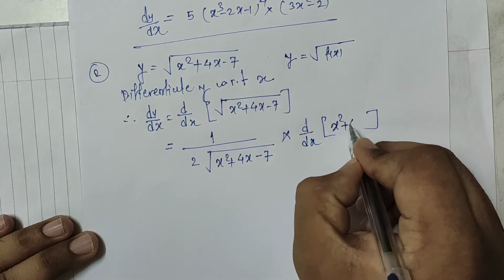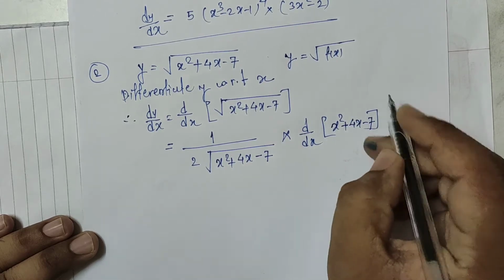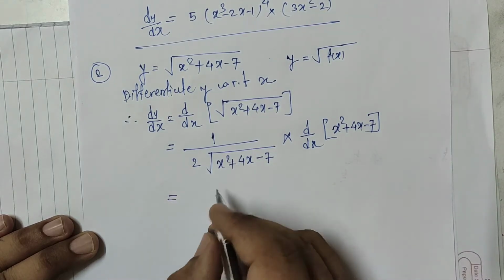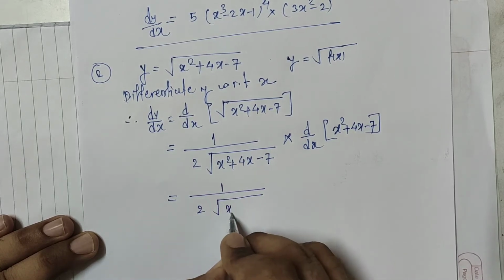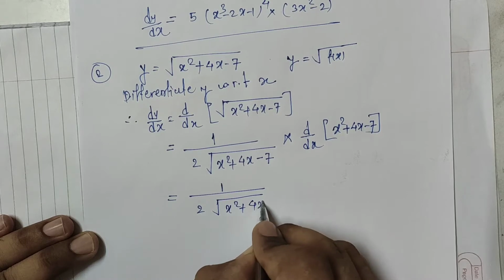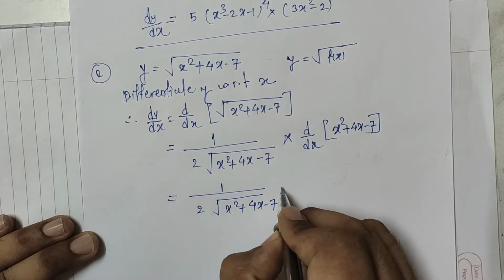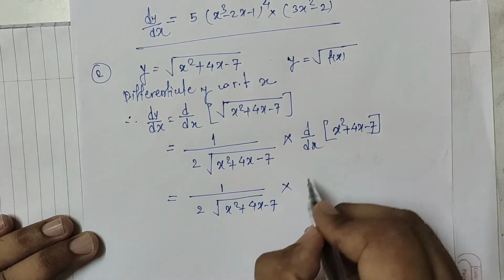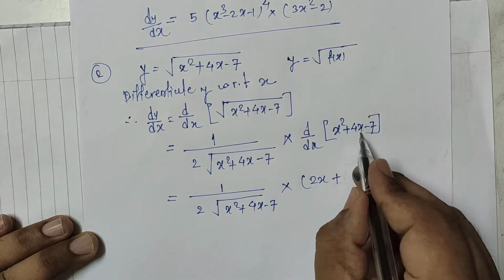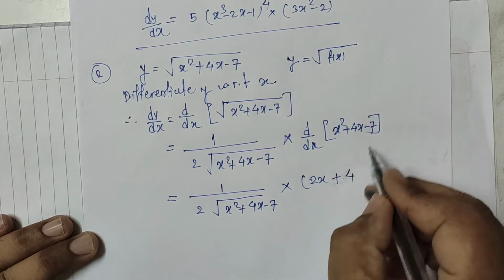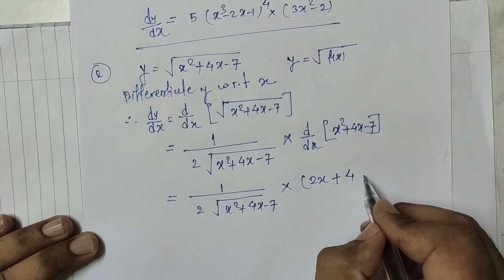Again here x square plus 4x minus 7. This term as it is: 1 upon 2 times root of x square plus 4x minus 7 as it is, into derivative of, first term is x square, derivative 2x, second is 4x, x derivative 1 into 4, and 7 is a constant, then constant derivative is 0.